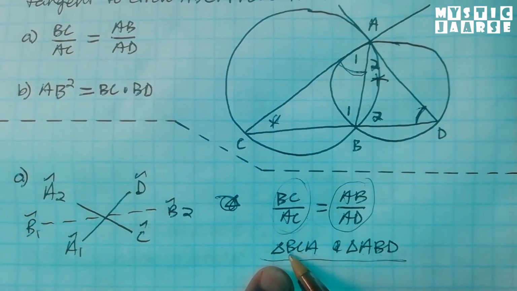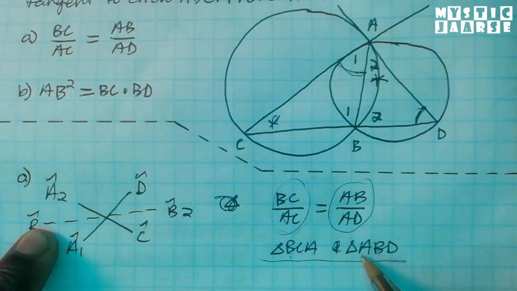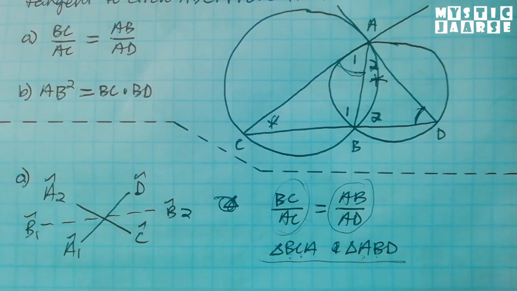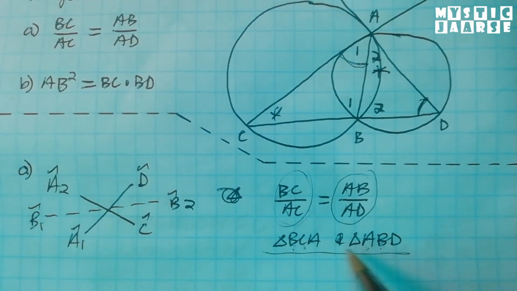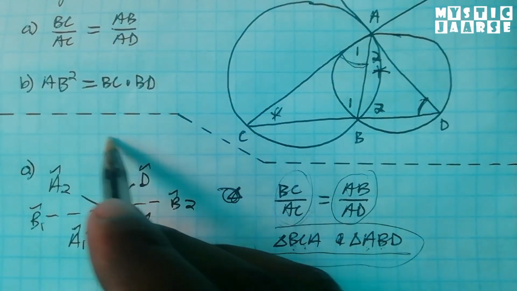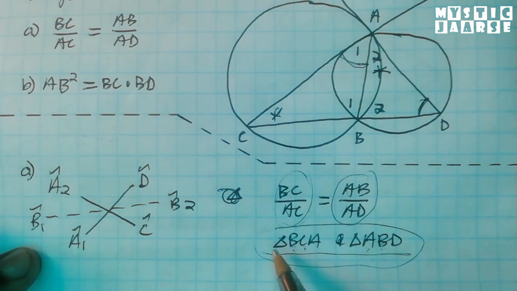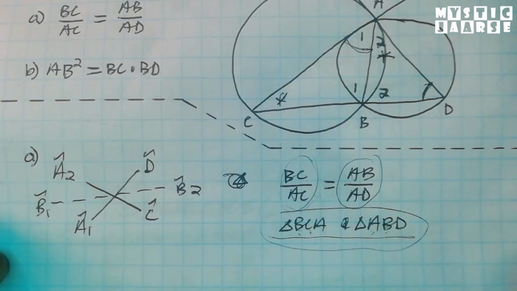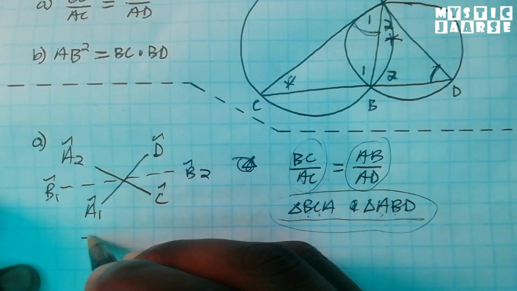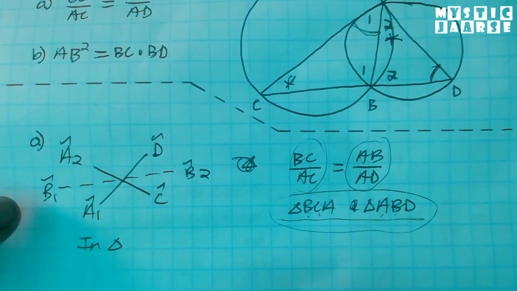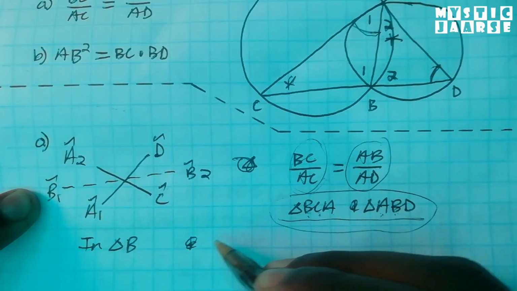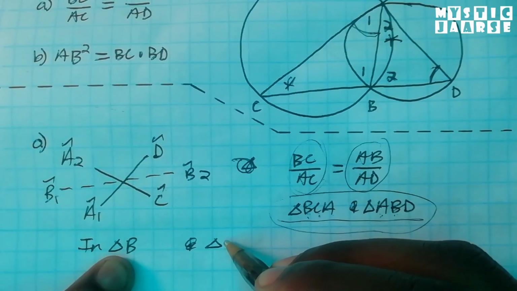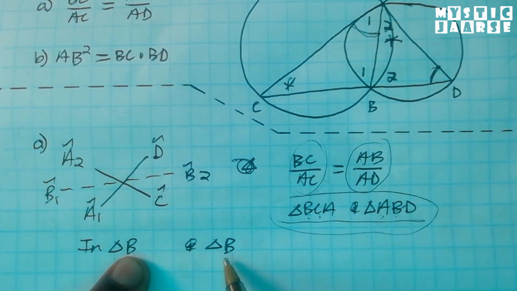But the sides of these triangles are not in a corresponding order. You see, B doesn't correspond with A. You see, C doesn't correspond with B. So we need to rewrite this in the corresponding order. And this is going to help us put our triangles in the way that the angles correspond. So we have triangle B and triangle B, angle B corresponds with angle B. So we say in triangle B and B so that the B's correspond.